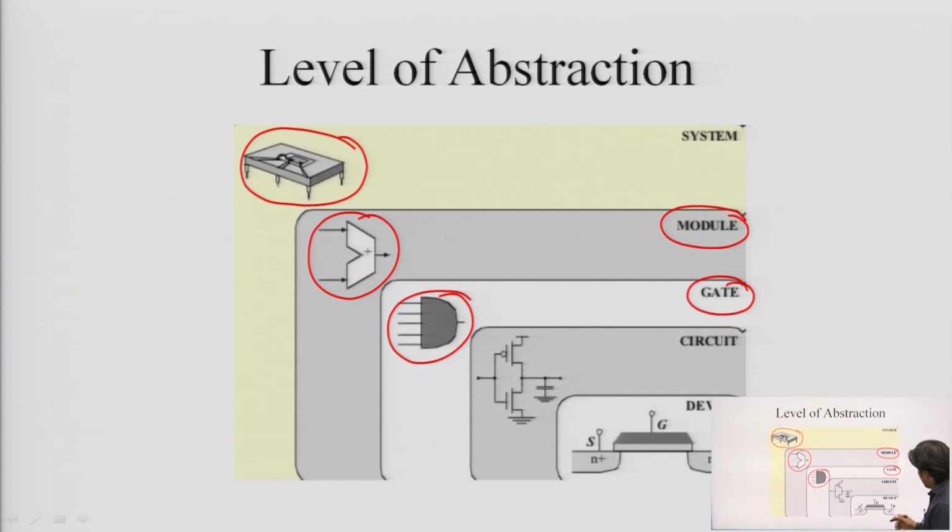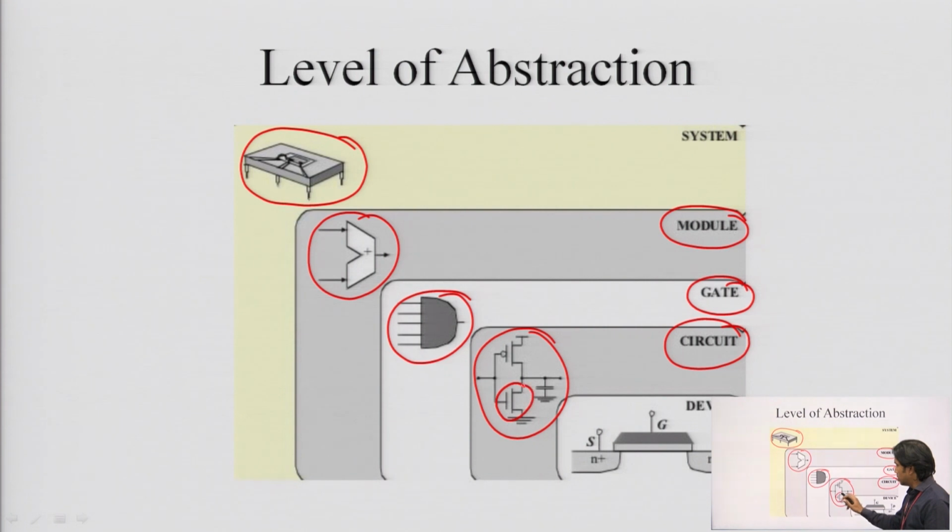Now, next is circuit. By using the circuit-level implementation, we can design such gates. This circuit is a combination of NMOS and PMOS. This is called complementary metal oxide semiconductor, right. And the last one is the device level, where we have different materials to create one transistor.